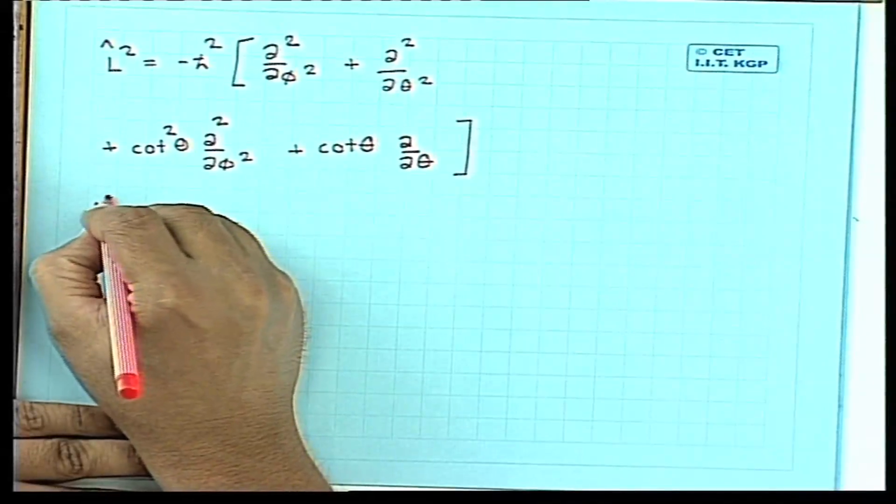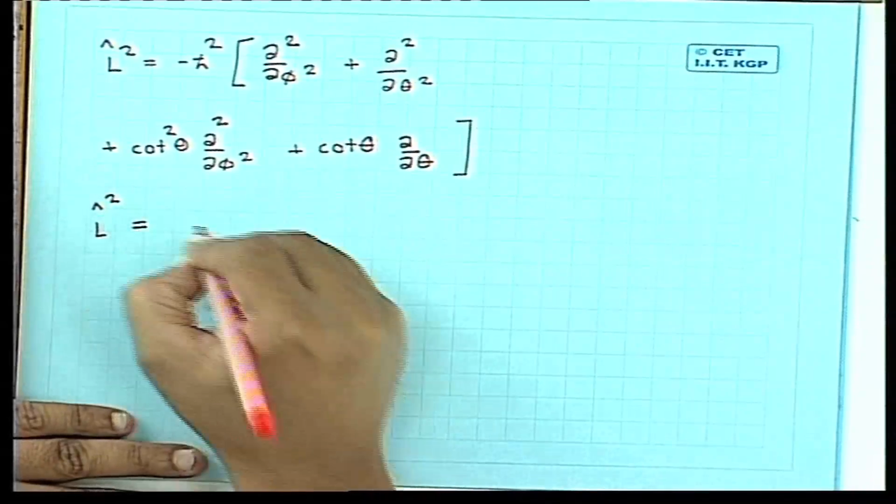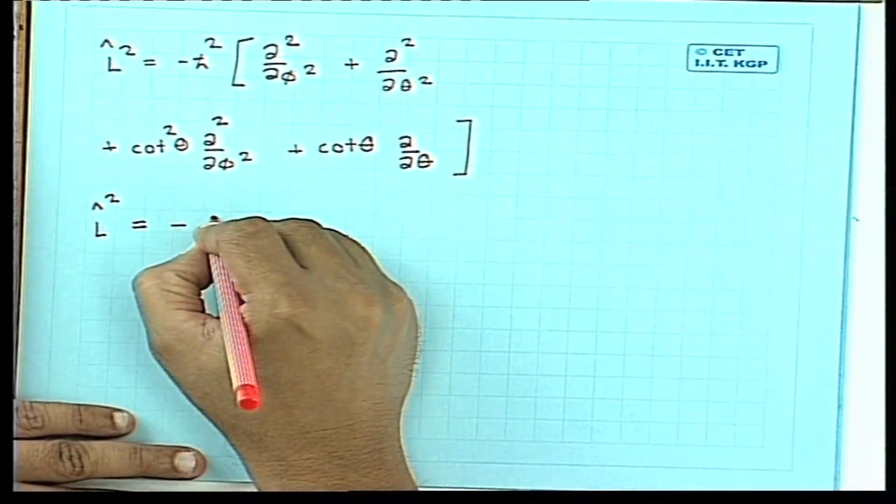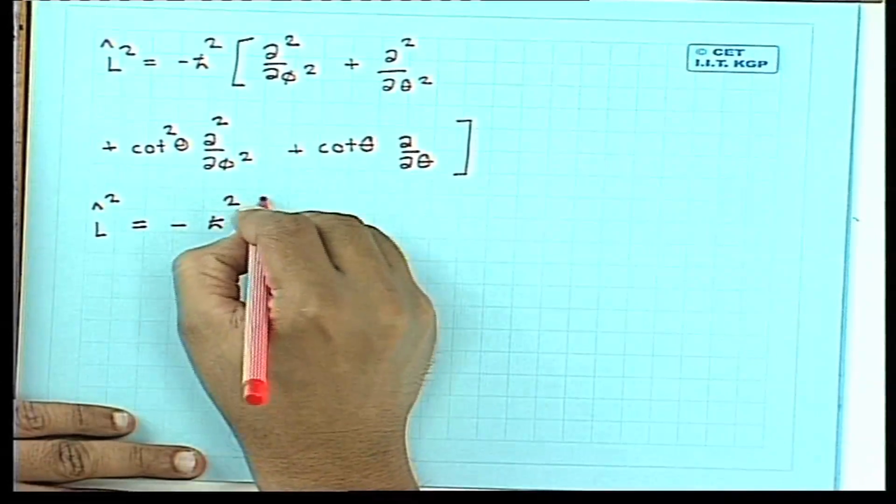So L squared is equal to minus h cross squared.